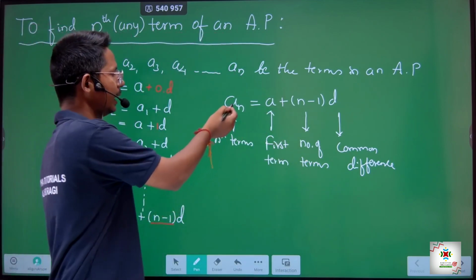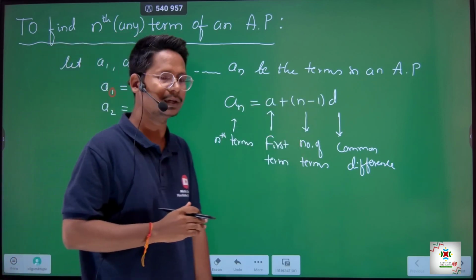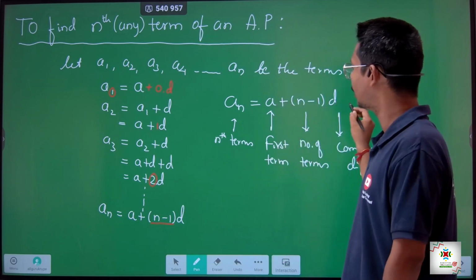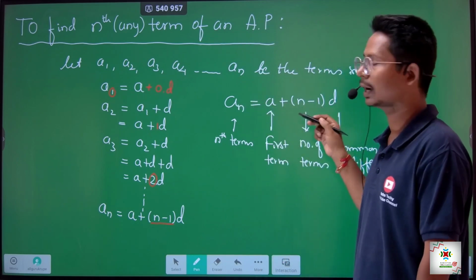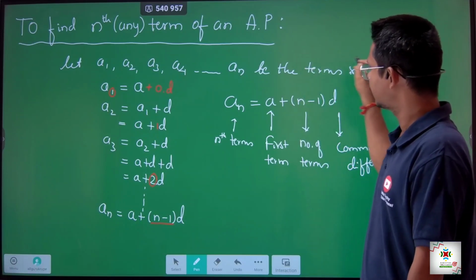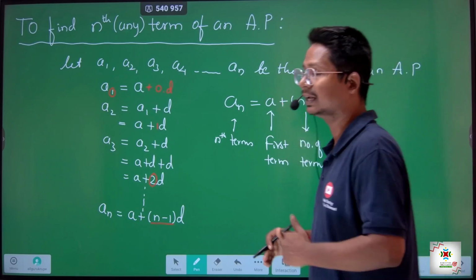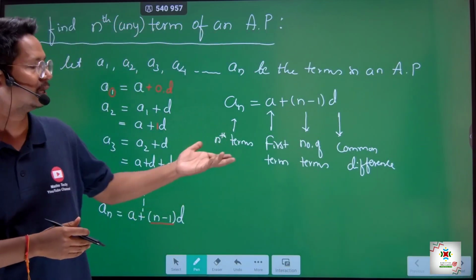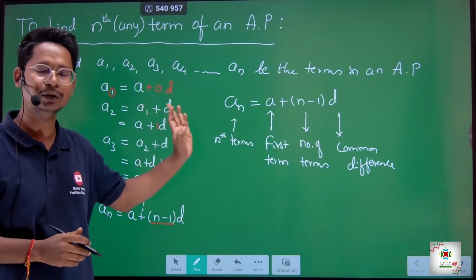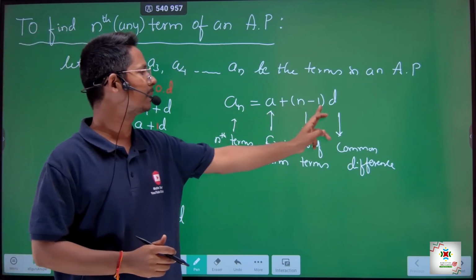a, n, an, and d. In the next set of questions, they may give any 3 among the 4, and we need to find the fourth one. So in the given set of numbers, if you want to find any term, you can make use of the an formula: an equal to a plus n minus 1 into d.